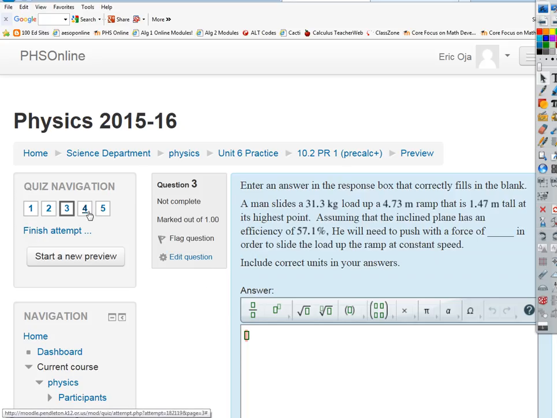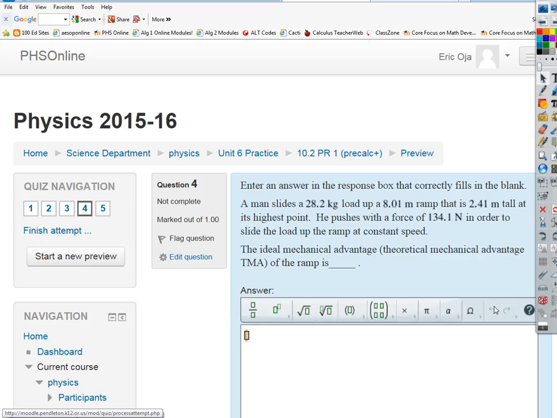Number 4. Okay, this is going to be a pretty quick one. So you multiply the mass times the vertical.